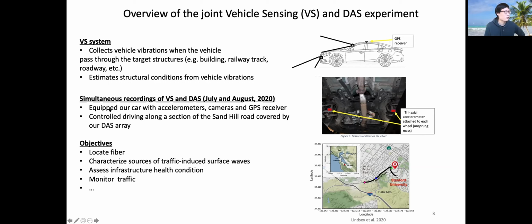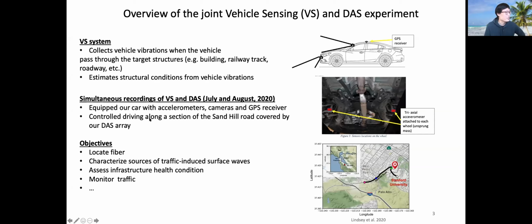So we basically equipped our car with accelerometers. As you can see on the right, we attach triaxial accelerometers to each wheel of our car. So we have 4 of them. And we attach cameras in front of our car to capture the road condition and the traffic conditions. And we have a GPS receiver on top of the car to get an idea where the car is.